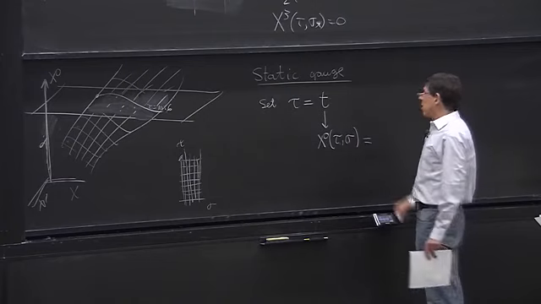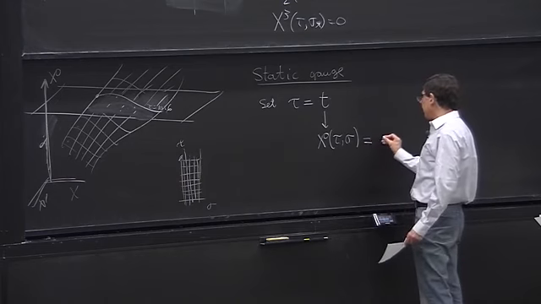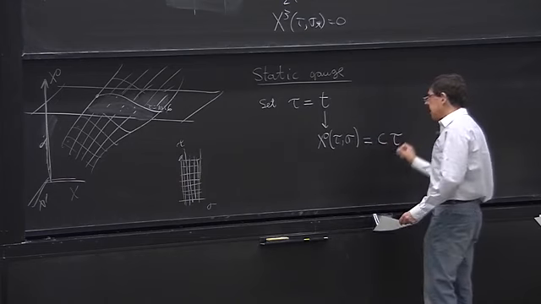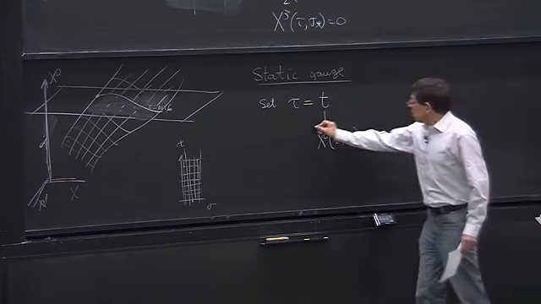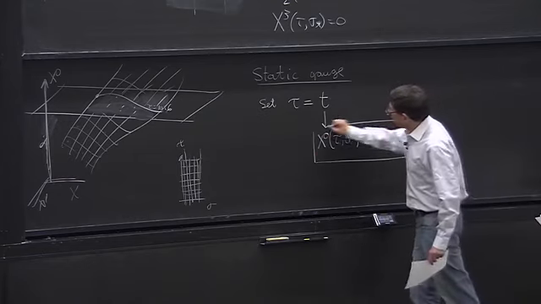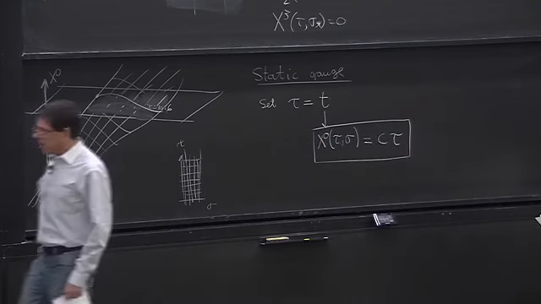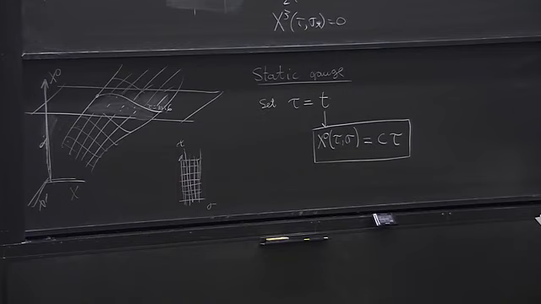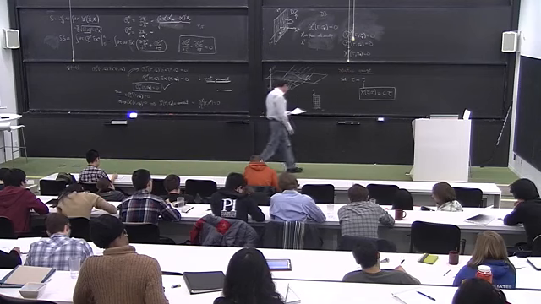Now, there's a factor of c in there, because we'll think of tau as units of time. So I'll just say c tau. So this is the so-called static gauge. With this, I fix tau. I've learned how to fix tau using the time. It is the most natural thing you could do. Tau is time.